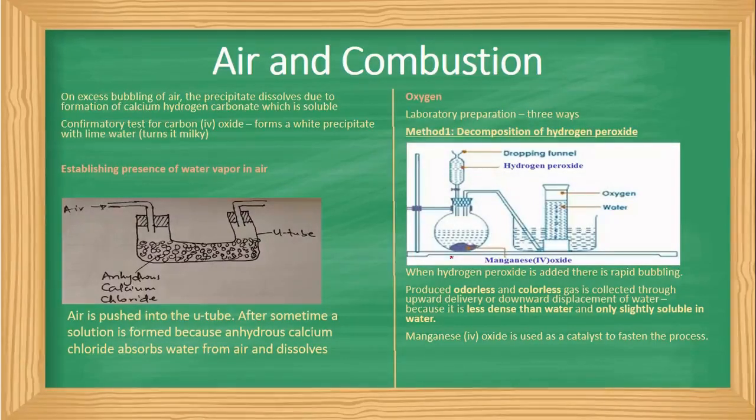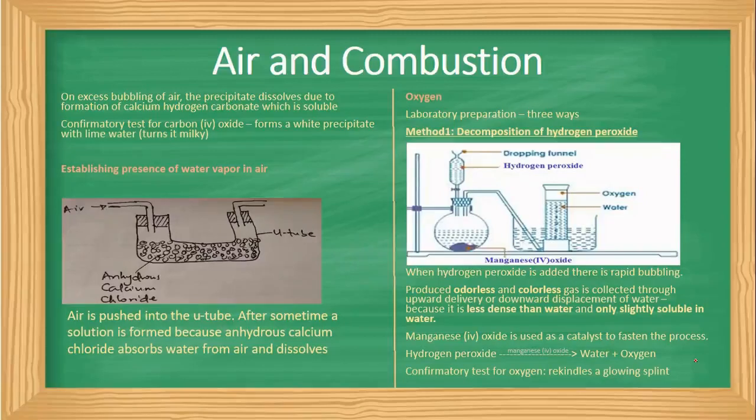Remember, a catalyst is a substance that is used to alter the rate of reaction without being used up itself during the reaction. In this case, manganese 4 oxide remains, it's not used, but it hastens the decomposition of hydrogen peroxide. So the equation is that hydrogen peroxide in the presence of manganese 4 oxide decomposes into water and oxygen.